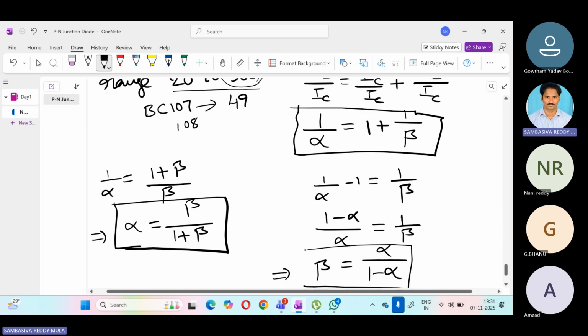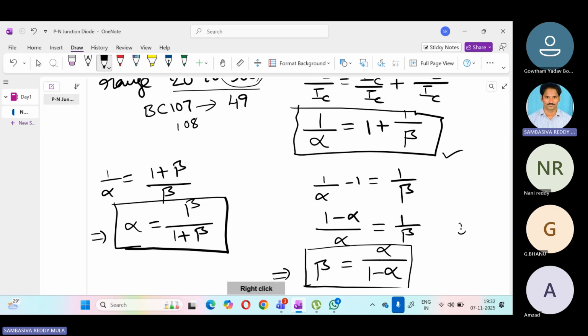This is how we can easily remember the relationship. Alpha is always less than 1, so beta is greater than 1. For example, beta divided by 1 plus beta, 10 divided by 11, is always less than 1. For beta in terms of alpha, we may have confusion between 1 plus alpha or 1 minus alpha.